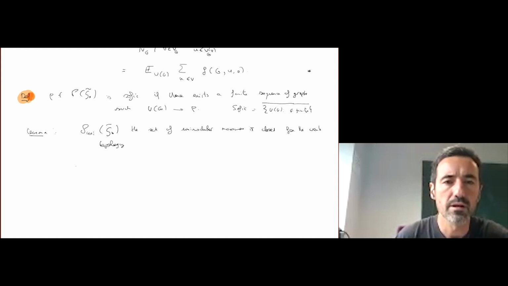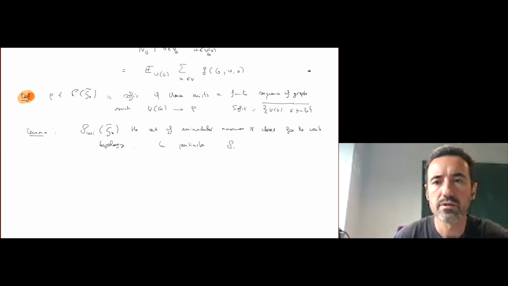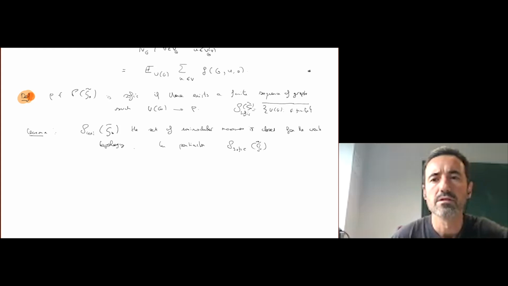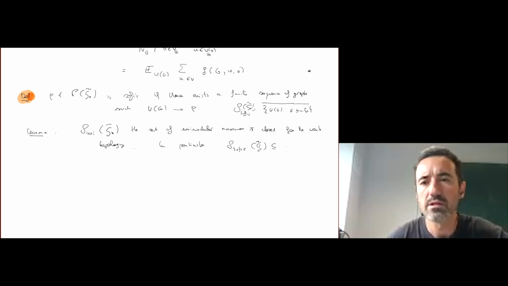So a corollary is that the set of sofic measures is included in the set of unimodular measures.